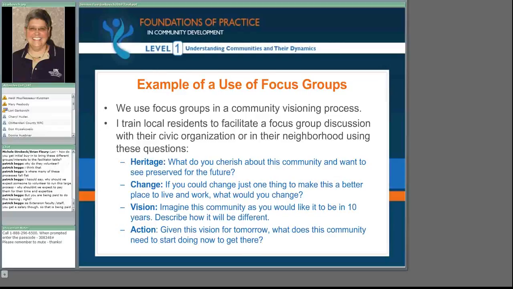What I see myself as, in terms of a community visioning process, is I facilitate the big process. But the local community representatives, what I call the coordinating committee, have to facilitate everything else. I can't do their marketing. I can't do their advertising.